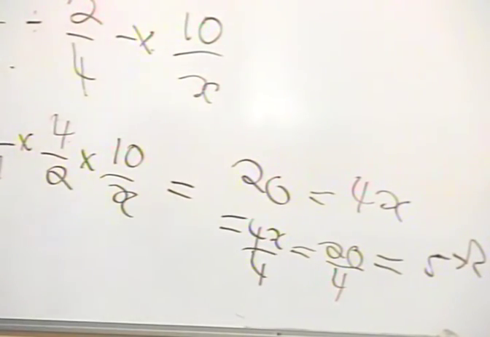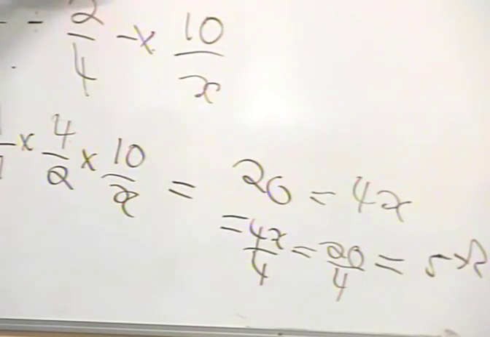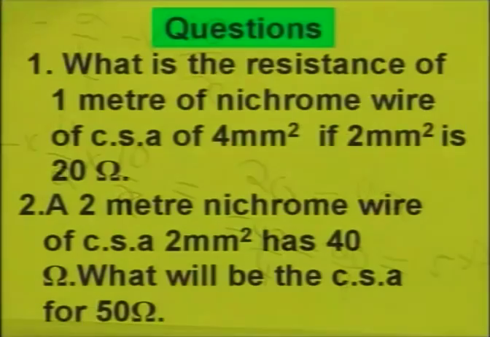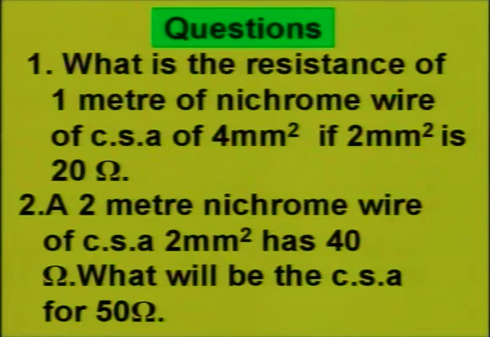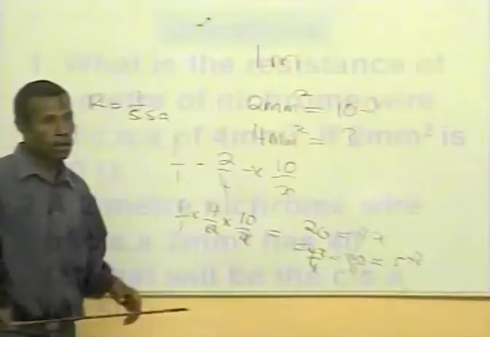You can now see that for the area with 10 ohms, you have this one, which is 5. When you have a small cross-sectional area, resistance will be high. When you have a large cross-sectional area, the resistance will be low.